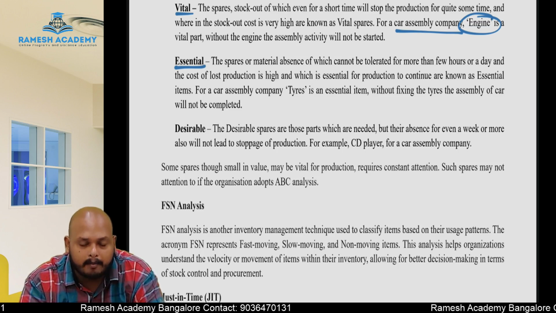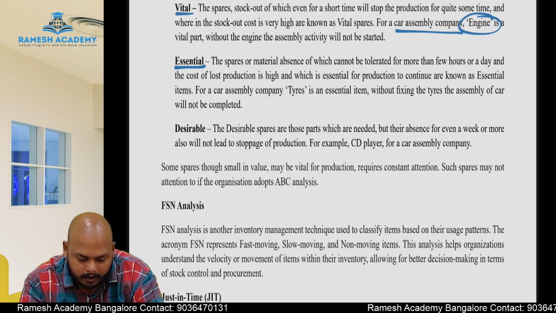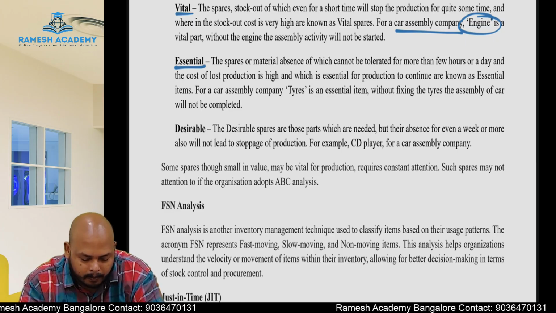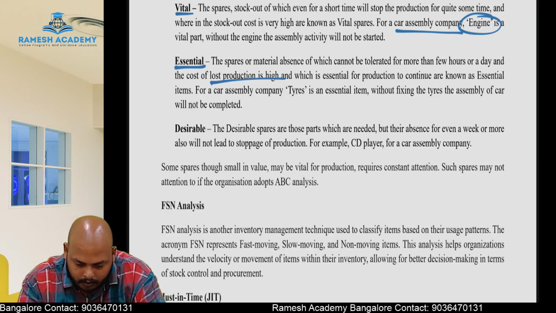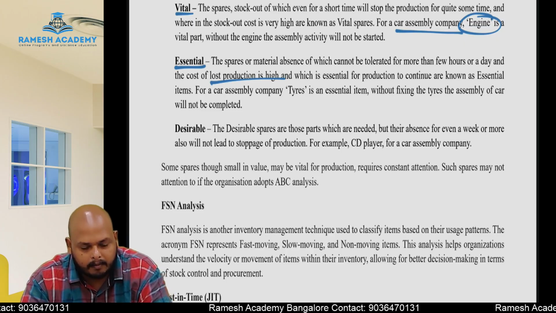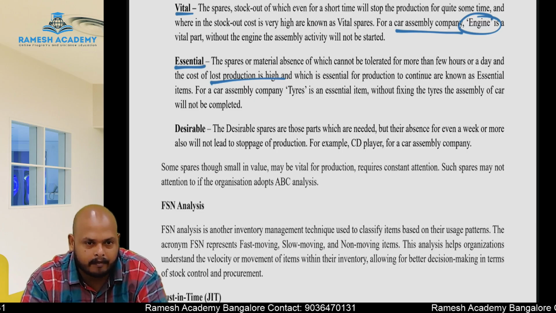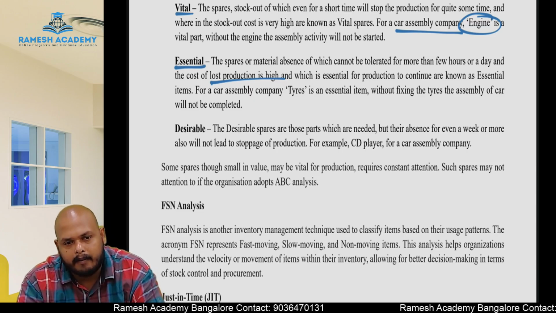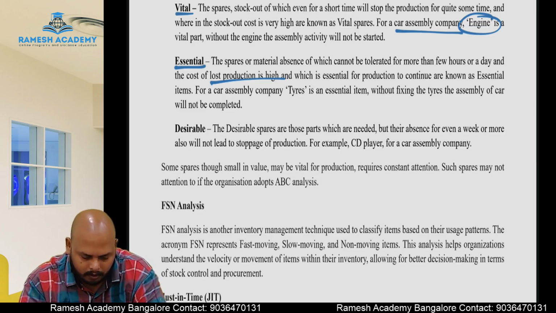The spares or the material, absence of which cannot be tolerated for more than a few hours or a day, and cost of loss of production is high, which is essential for production to continue, are known as essential items. Even after a certain period of time, if the stock is not available, then the cost of production will be very high.